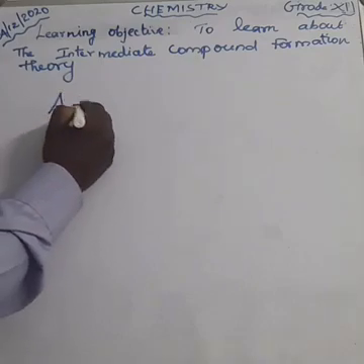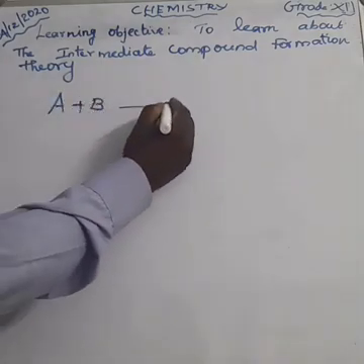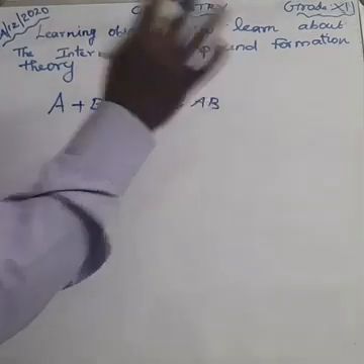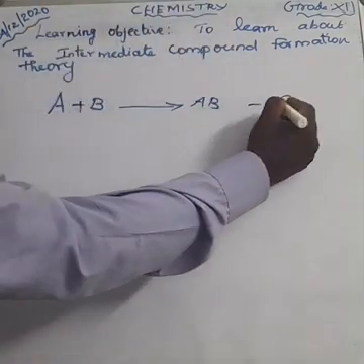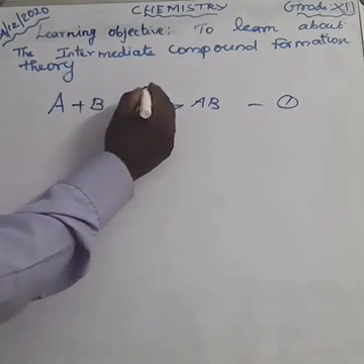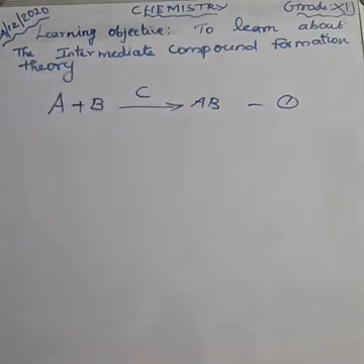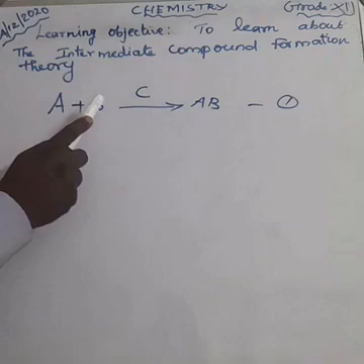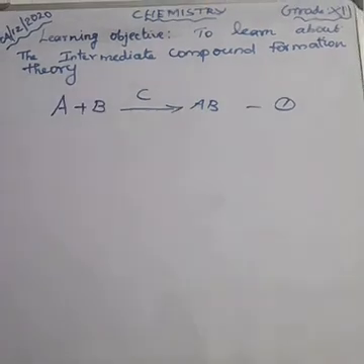A plus B gives AB by means of the catalyst C. That means A combines with B to form AB.